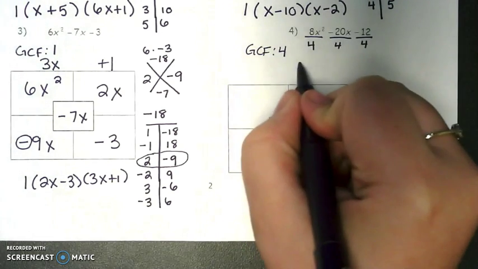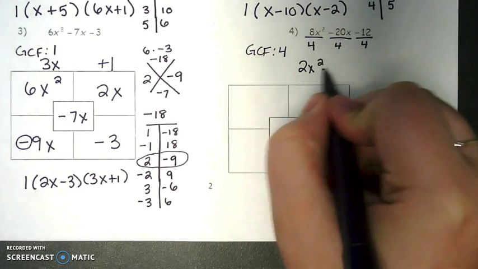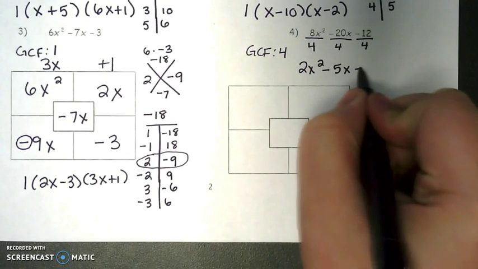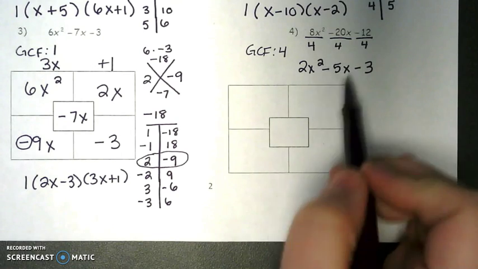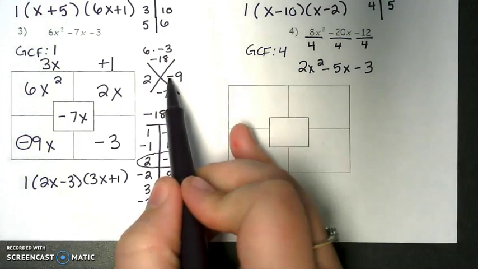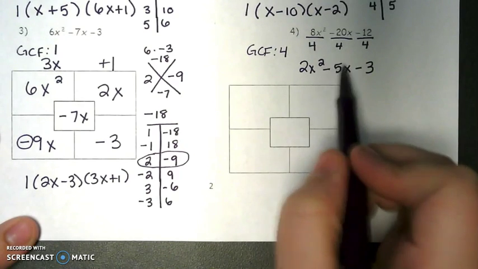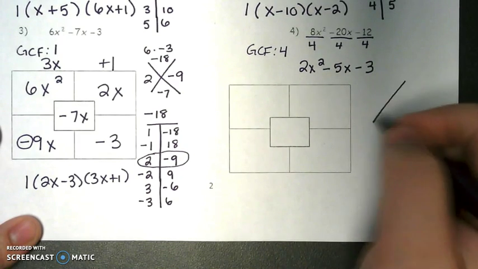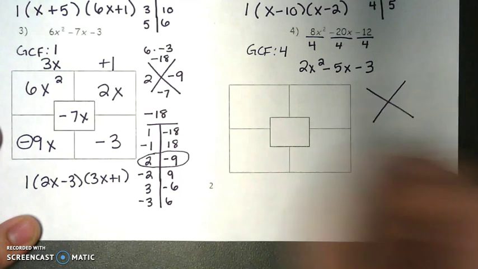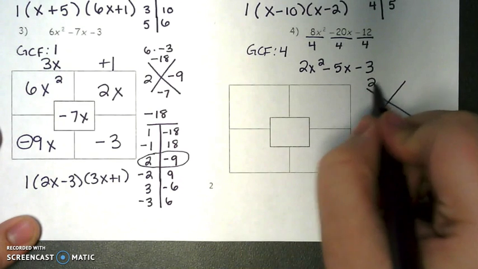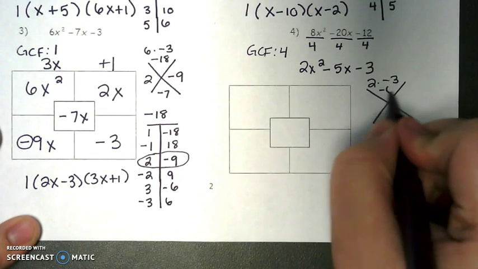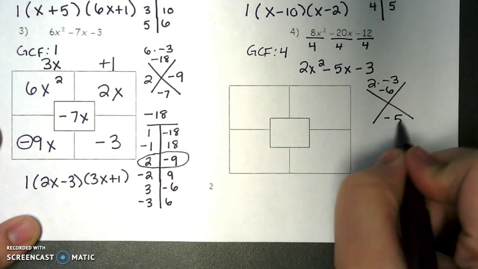Now it changes to 2x squared minus 5x minus 3. This is the one that we're going to do the X and the factor chart with. So we don't do the original, the one that we took the GCF out of. So my new a is 2, my c is -3, which gives -6, and -5 on the bottom.